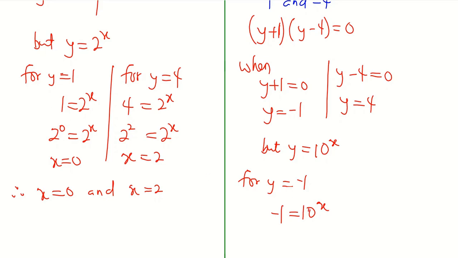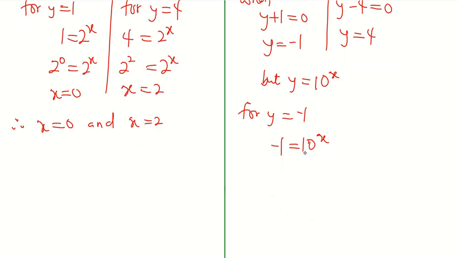Now we said in indices that when we are looking for the value of x and the other term happens to be negative, it implies that minus 1 is not equal to 10 exponent x, which means that for all values of x, 10 exponent x should be greater than 0. So we are looking for positive numbers for 10 exponent x. So it means minus 1 cannot be equal to 10 exponent x. So we have one of the roots of the quadratic equation to be negative. It means there's no solution to that particular root of the quadratic equation. And that's what is leading us to get the value of x not to be defined here.